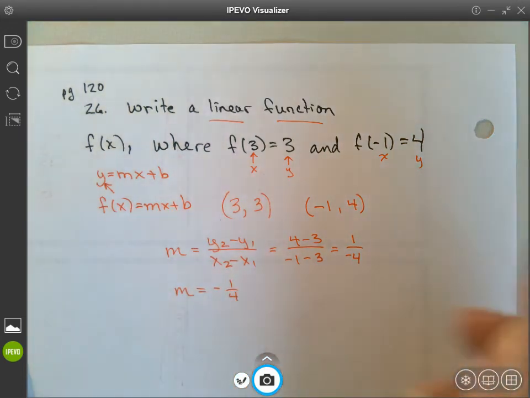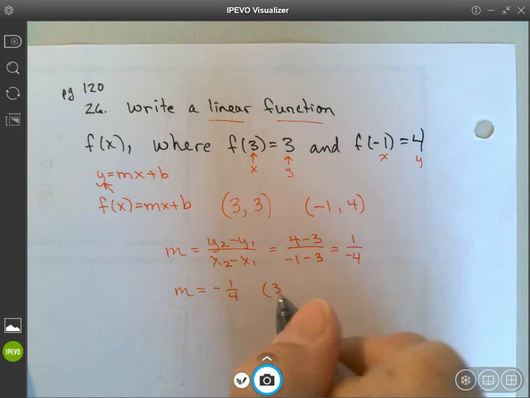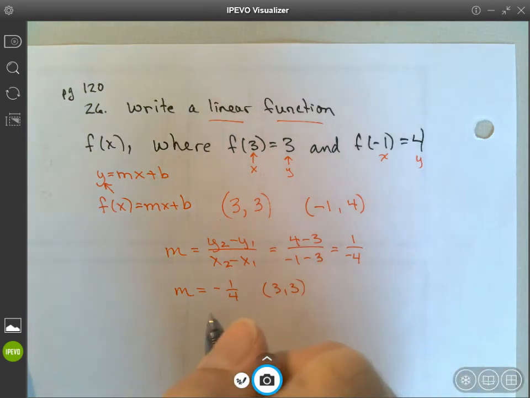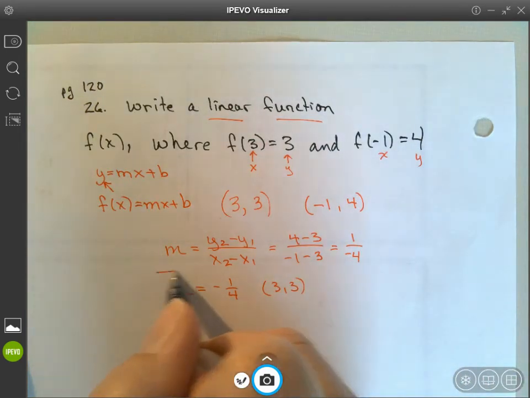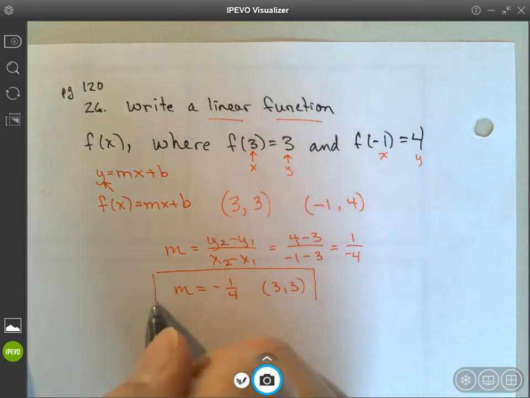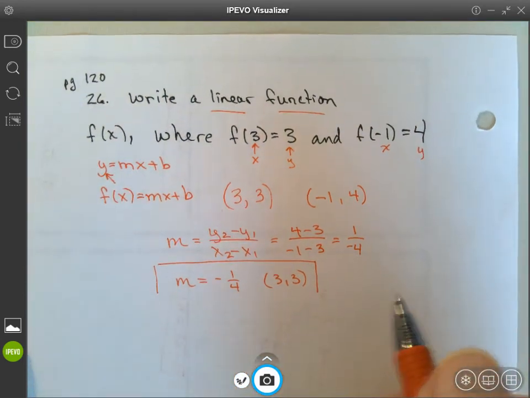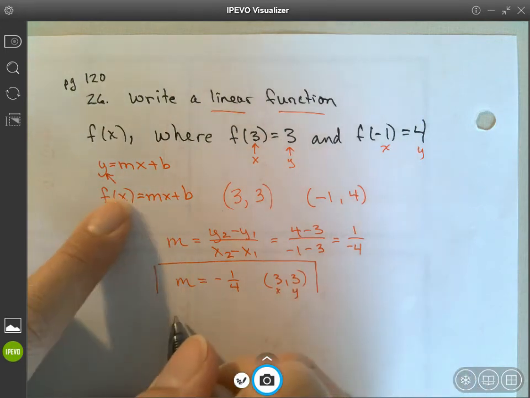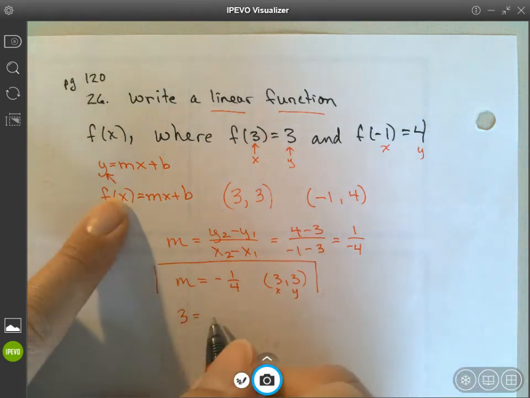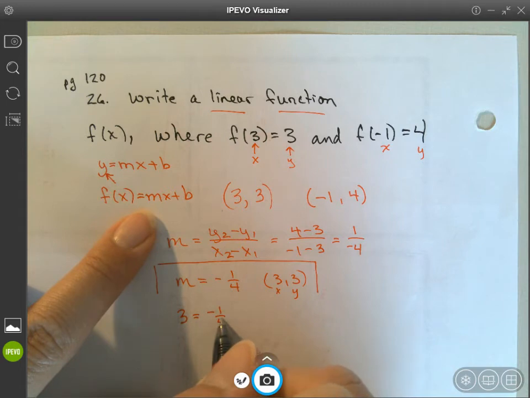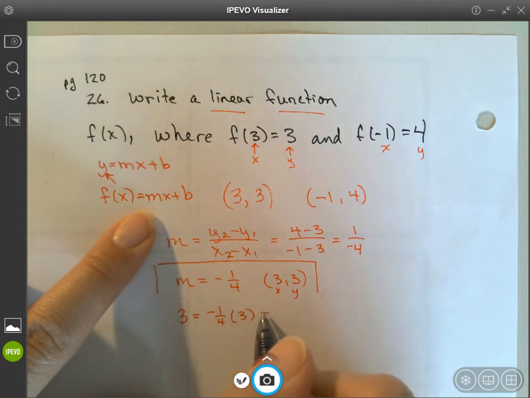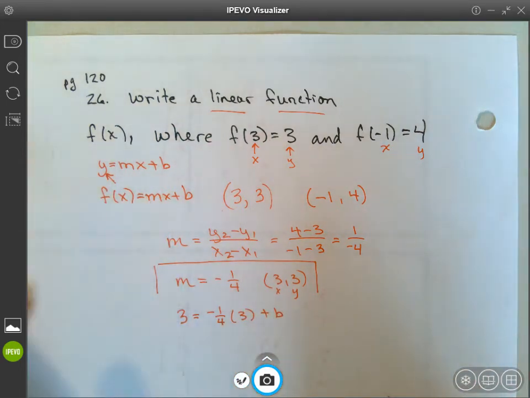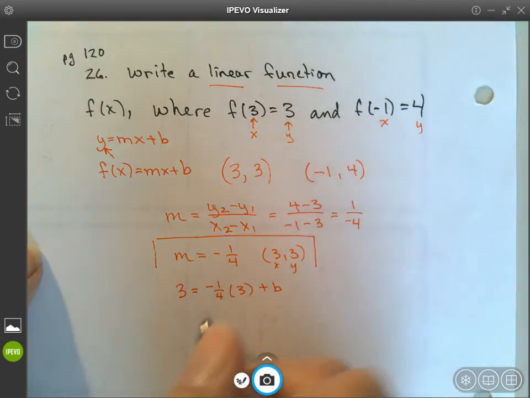Okay, I'm going to go ahead and pick one of the ordered pairs. I'm going to pick 3, 3. And then from here, I'm going to write my equation. I'm going to go ahead and plug it in. So this is x and y. The y is 3, which equals my slope times x plus b. Now we do have fractions we have to deal with, and that's okay. My rule on fractions: if you can't beat them, join them.